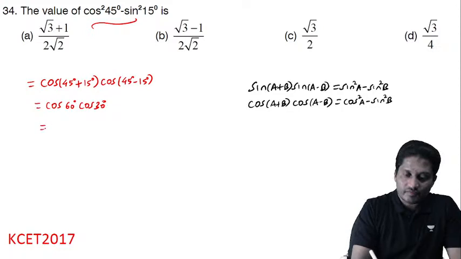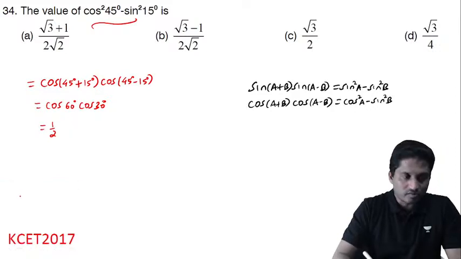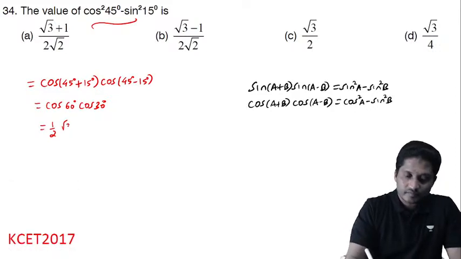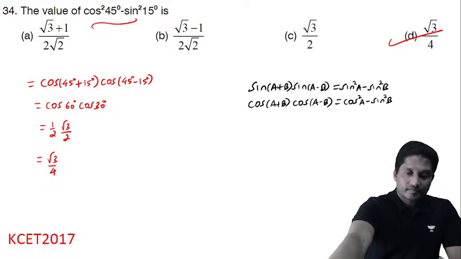Cos 60 is half, cos 30 is root 3 by 2, so this is equal to root 3 by 4. Right, answer is option D. Let's move to the next question.